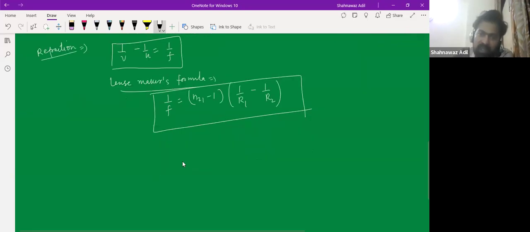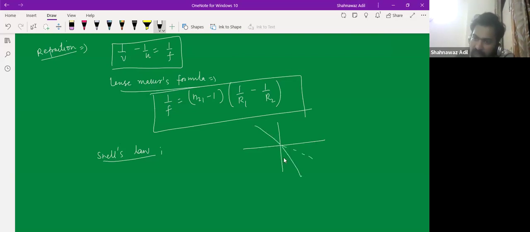And then we had, I should talk about this thing first. So then we had this Snell's law. This is very important. What was this Snell's law? The right way to write this is in this manner: let's say this is I, this is R, this is N1, this is N2.